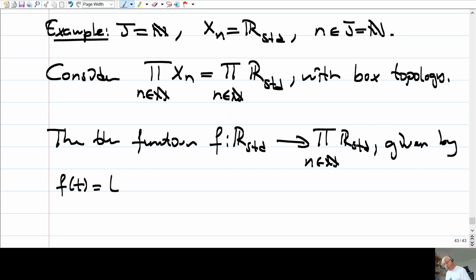For each coordinate, I take t. Well, each of the coordinate functions is continuous, right? It is the identity function, t goes to t. So each coordinate function is continuous. However, this function f is not continuous.